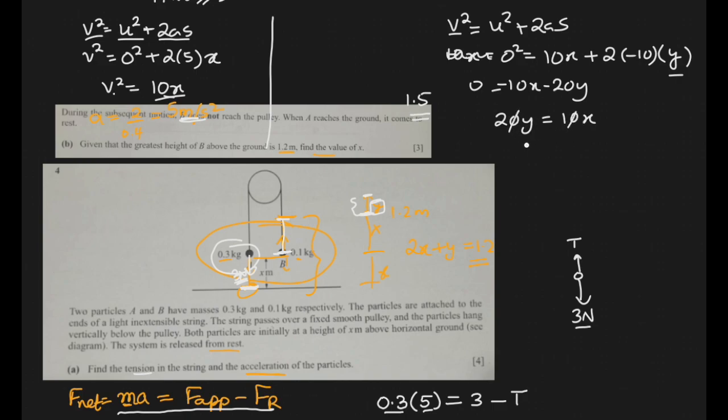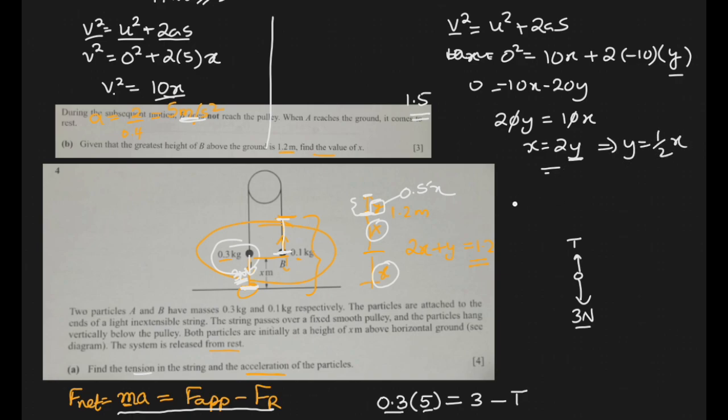So X is twice the Y. Now we got our answer. That means if this is X, this is 0.5X. Y is half of X, right?